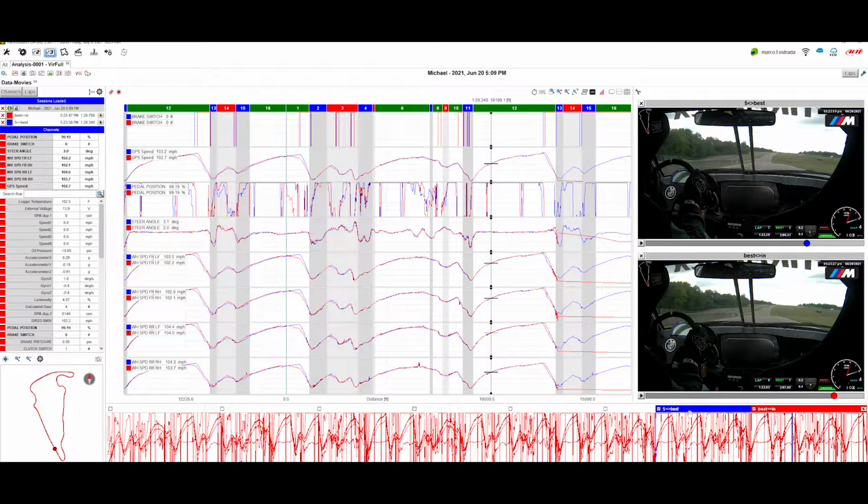So we're comparing the lap before, right here, if you see my mouse, and the last one that scared the crap out of you right here.